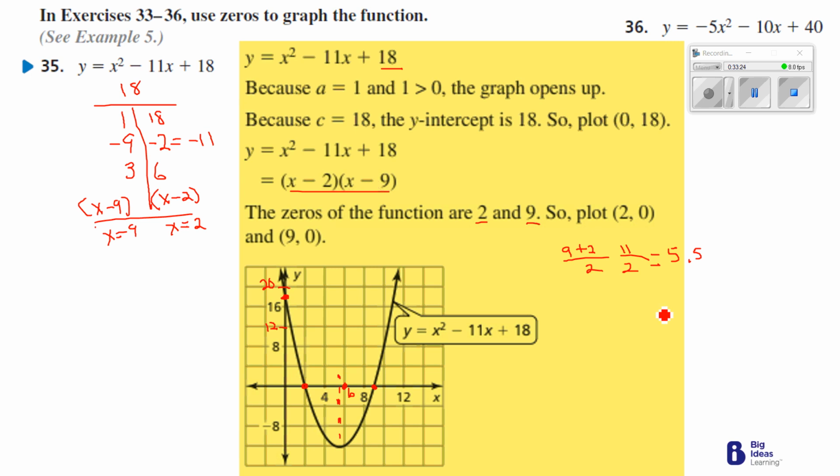And now we could simply take 5.5 and plug it in to get our vertex, right? Or our y-coordinate. So let's see, if I do it over here, I can just leave it as 11 over 2. So that would be 11 over 2 squared. And then we're going to take minus 11 times 11 over 2.